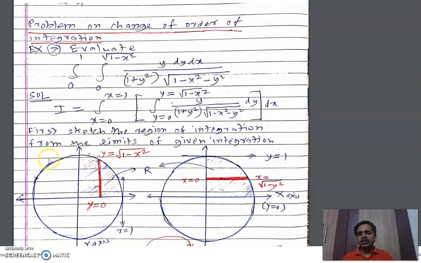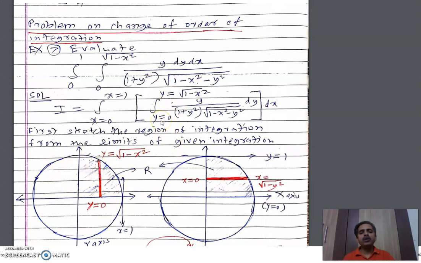So we can draw this circle, and because the radius is 1, this point has coordinates 1 comma 0, and this line has equation x equal to 1. So we have to put the vertical strip in this figure.